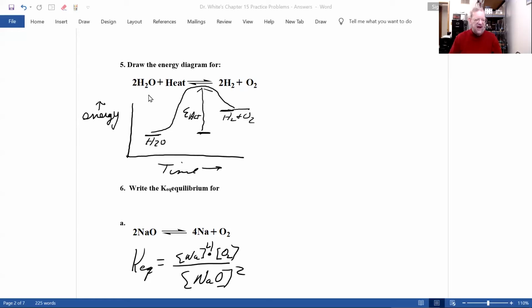Now let's look at this reaction. Water plus heat gives hydrogen and oxygen. Is this an endothermic or exothermic reaction? I'm going to give you 8.2 seconds while I have some tea.